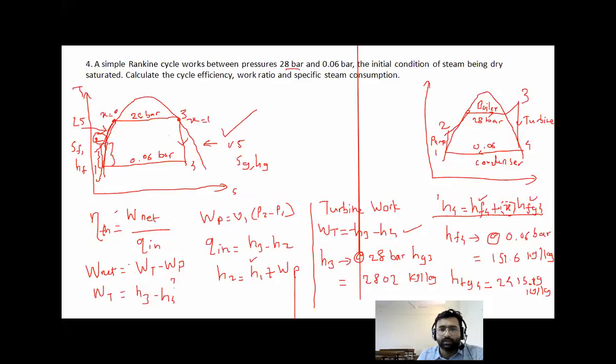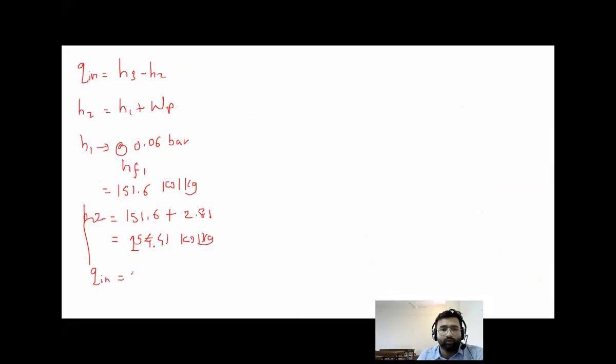So calculate Q in. H3 is how much? 2802 minus 154.41. Calculate this one.